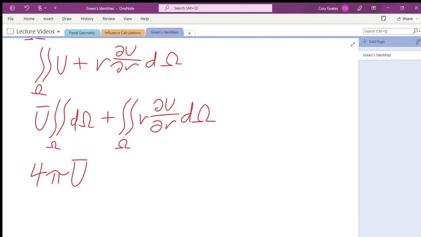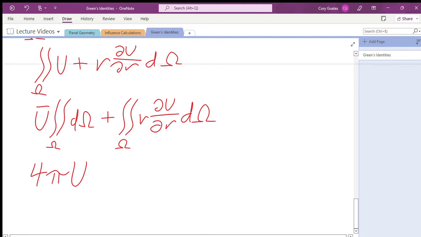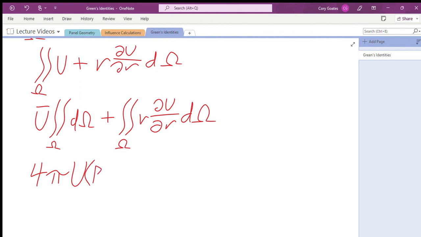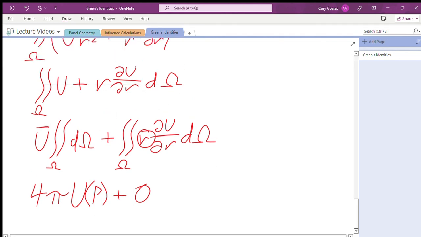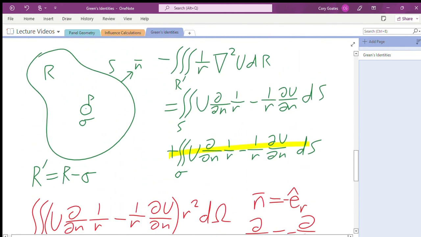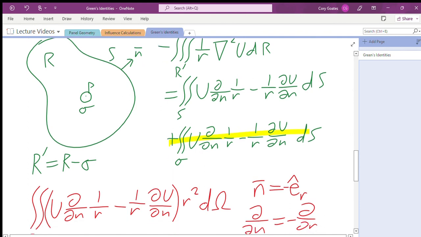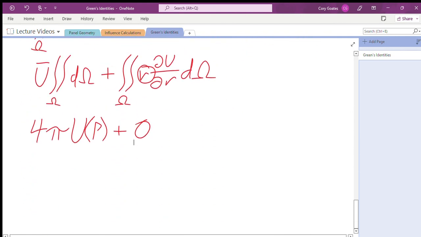Now if we take the limit as r goes to 0, the average value of u inside this infinitesimally small ball is just u at point P. So we can get rid of the average thing, and we can just say this is u of P. And then as r goes to 0, this r right here will go to 0, and so this whole term just vanishes. Okay? So that was a really long derivation that we took to be able to say that this term right here, highlighted in yellow, is simply equal to 4 pi u of P.